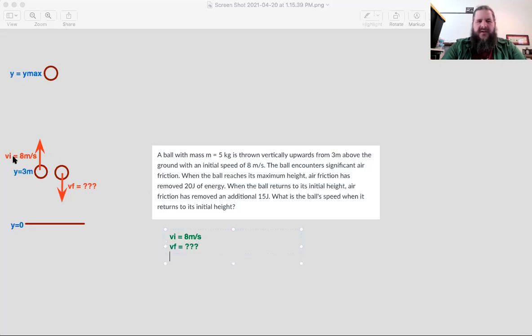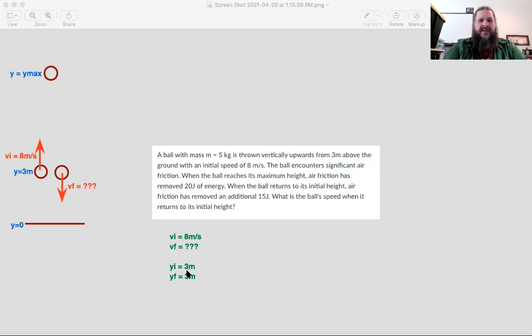So if we're calling this initial and this final, what do we know about the initial height and final height? Yeah, initial height is 3 meters and final height? Also 3 meters. If we treat 3 meters on the way up as initial and 3 meters on the way down as final, then we know the initial height and the final height are both 3 meters.